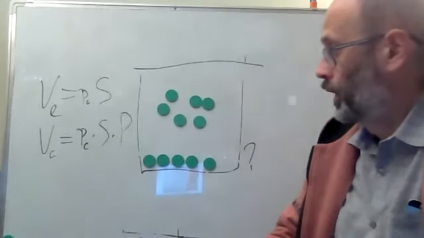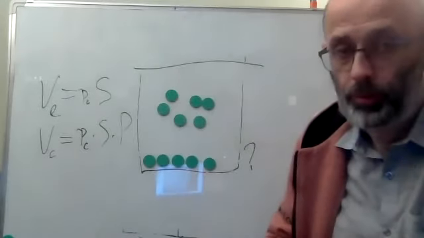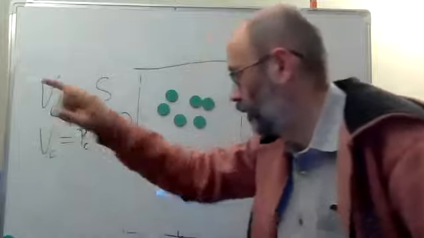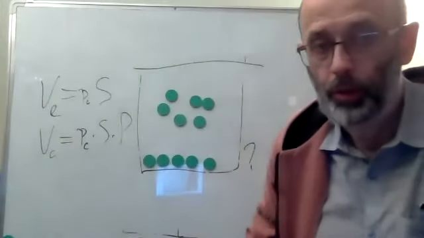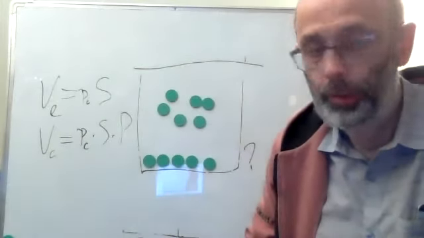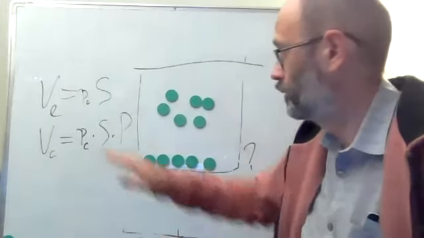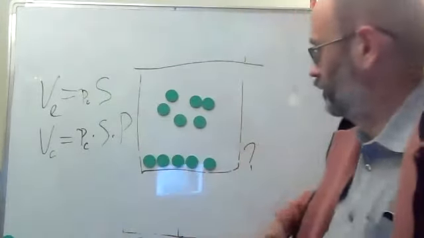So when the equilibrium is achieved, these two rates are identical. They are equal. That means we can write an equation as follows.